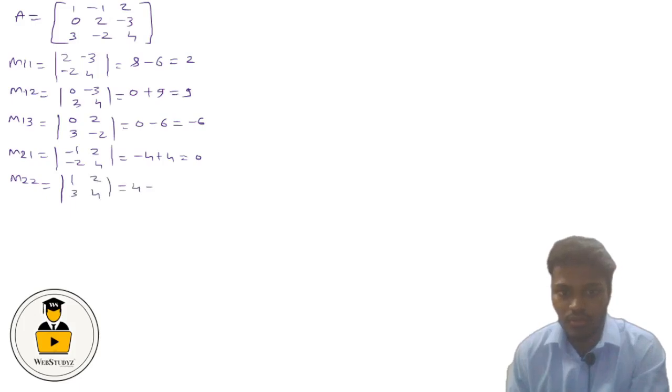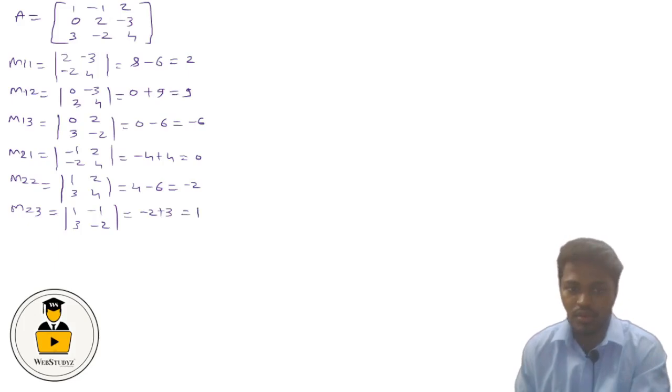It is 4 minus 6 which is minus 2. M23 will be 1, -1, 3, -2. This is minus 2 plus 3 which is plus 1.